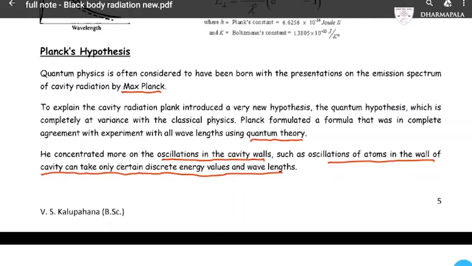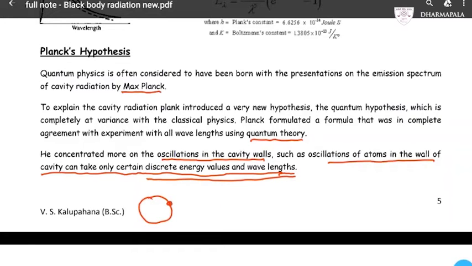This is the main difference from the classical wave, because he mentioned the atoms of a blackbody wall.